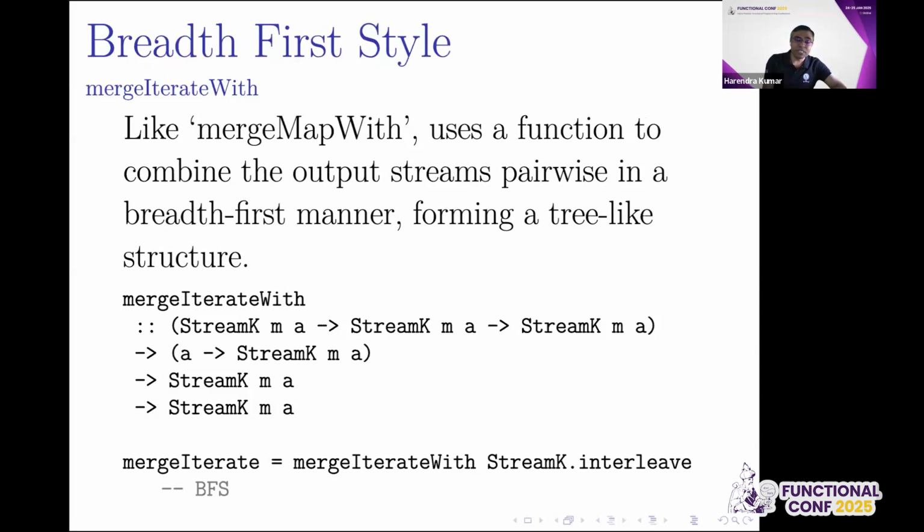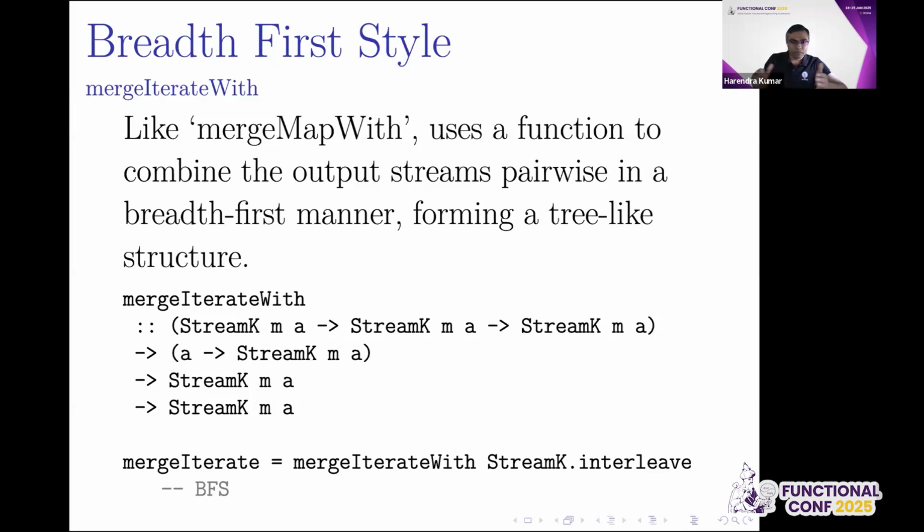Now, for breadth first style, we use a different combinator called merge iterate with, which basically takes the generated streams pairwise and then merges them. And then it takes the merged streams pairwise again and merges them again, thus creating a kind of balanced tree of merges, and finally merges the two streams at the top level.